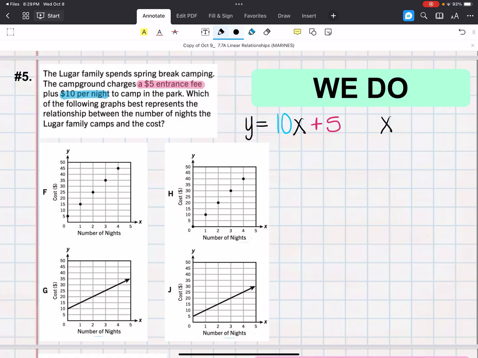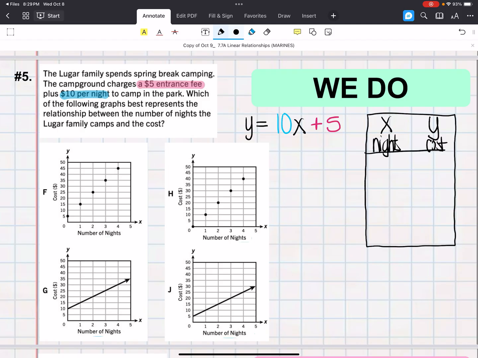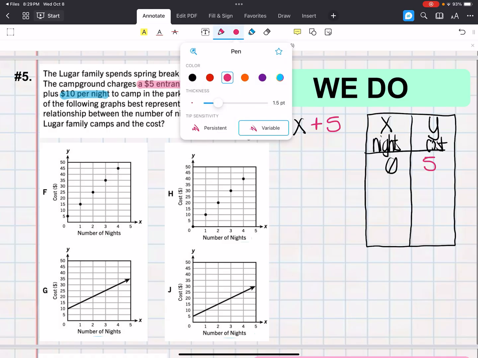Okay, now let's make our table. So the number of nights is our X axis. The cost is our Y axis. From here, before they have stayed any nights at all, they're already charging them an entrance fee into the campground. They haven't even stayed there yet.